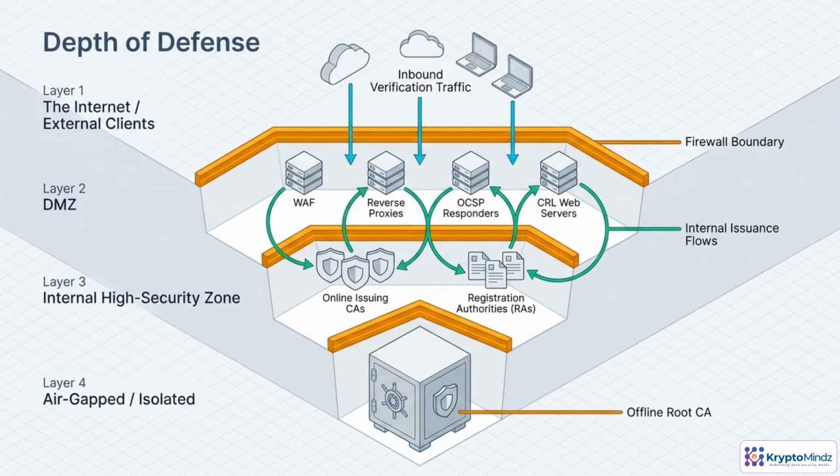Deeper inside, in a high-security zone, online issuing CAs and registration authorities handle enrollment and approvals over tightly controlled internal flows. At the core, the root CA is isolated or air-gapped and used only for rare, highly scripted operations like signing subordinate CAs, minimizing blast radius if anything online is compromised.